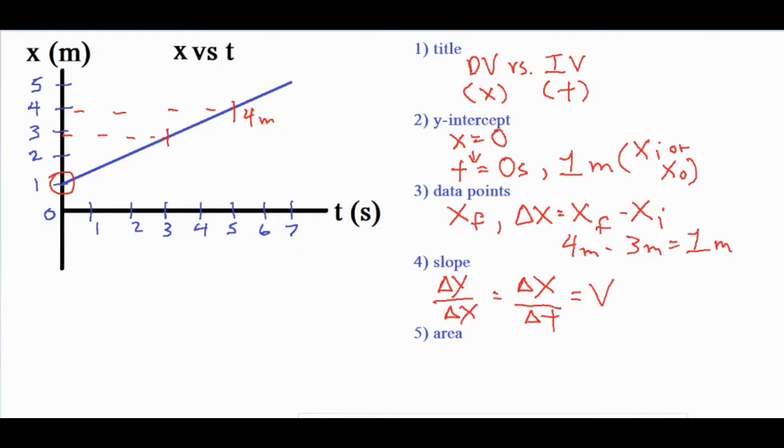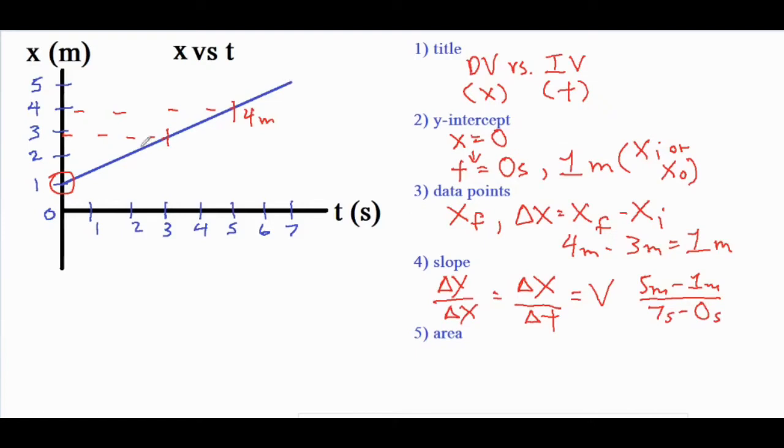In this case, it ends at 5 meters for the final position. So 5 meters minus the initial position, which is 1, over, and then technically 7 seconds minus 0 seconds. To find the change in anything, it's always the final minus initial.